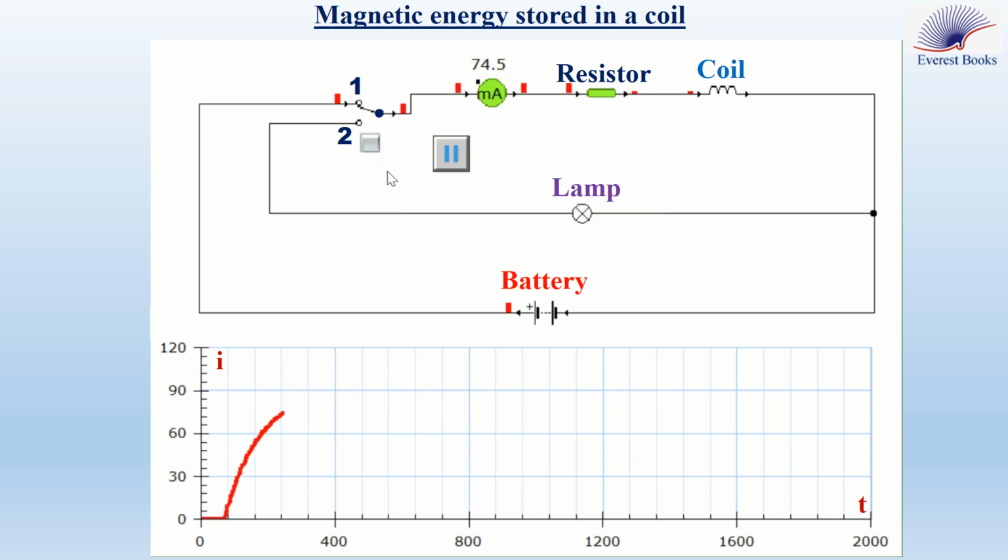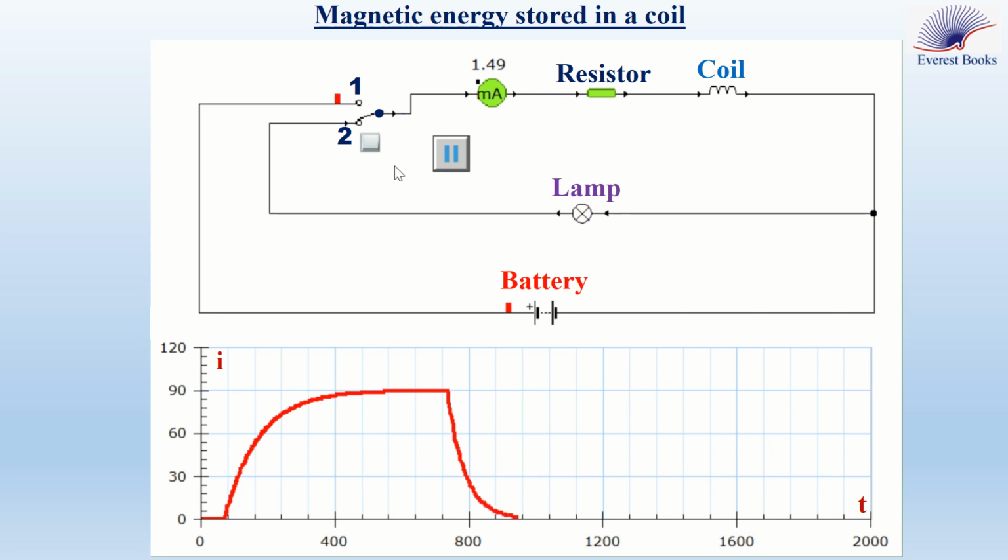Look at the curve. The current starts at 0 and increases to a certain value, and the coil stores magnetic energy. When we turn the switch to position 2, the coil, the resistor, the ammeter now become in series across the lamp, and the battery is disconnected, or it becomes outside this new circuit. So look carefully at the lamp when we turn the switch to position 2.